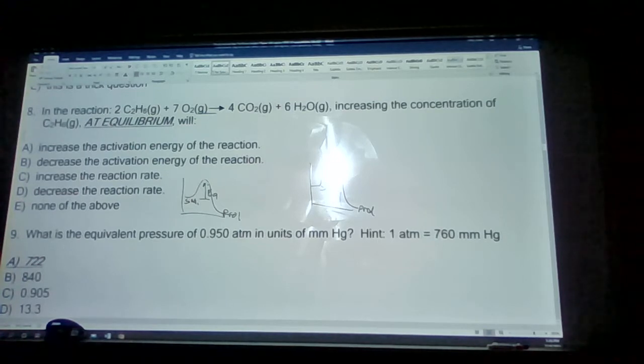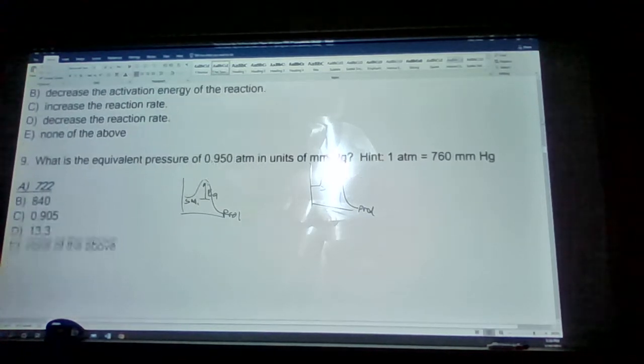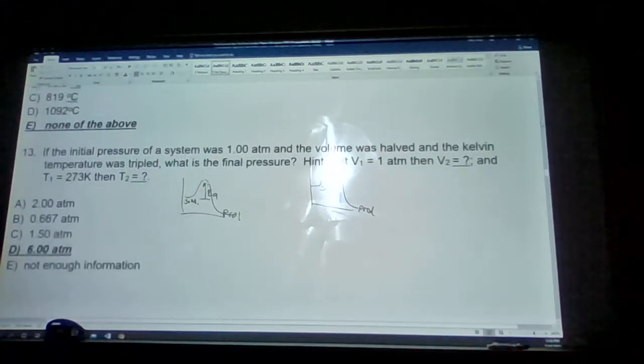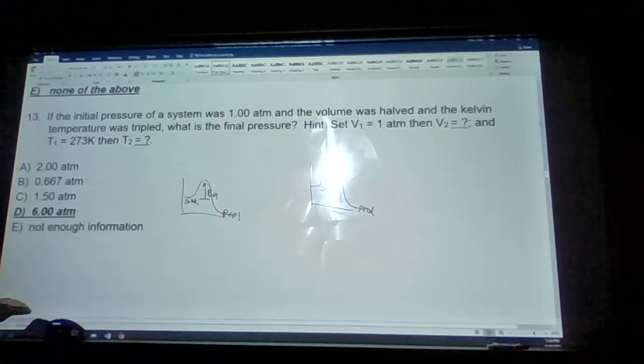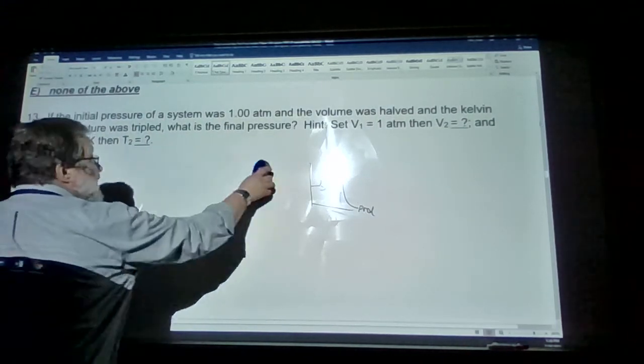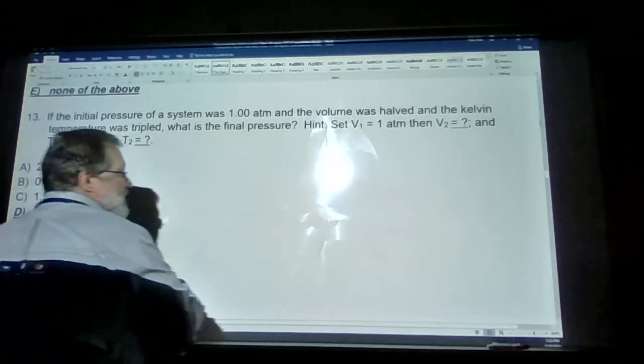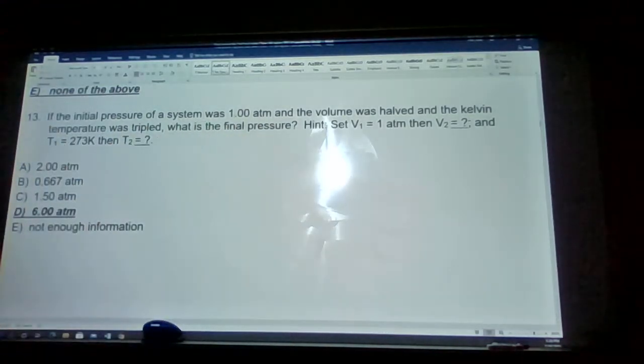Let's look at number 13. If the initial pressure of a system was 1 atm, the volume was halved, and the Kelvin temperature was tripled, what is the final pressure?